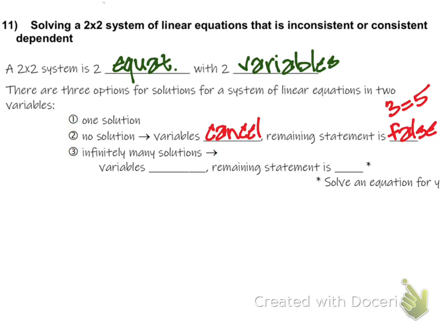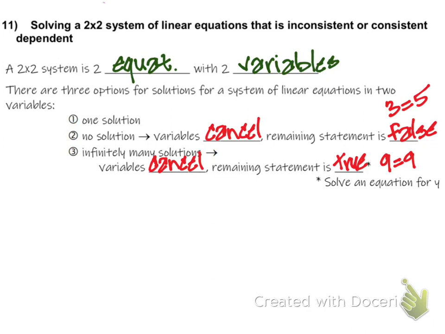We can also have infinitely many solutions. That happens when the variables cancel and the remaining statement is true, like 9 equals 9. But when we say infinitely many solutions, it doesn't mean that every single number will work for x and every single number will work for y, right?